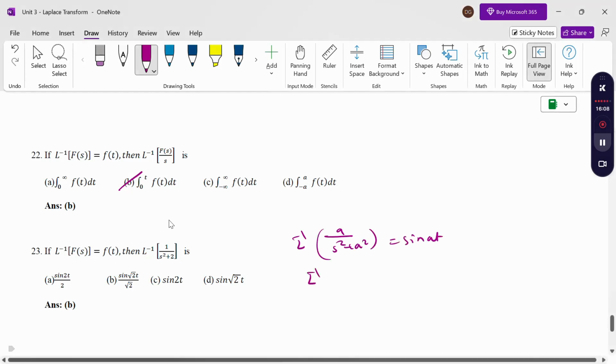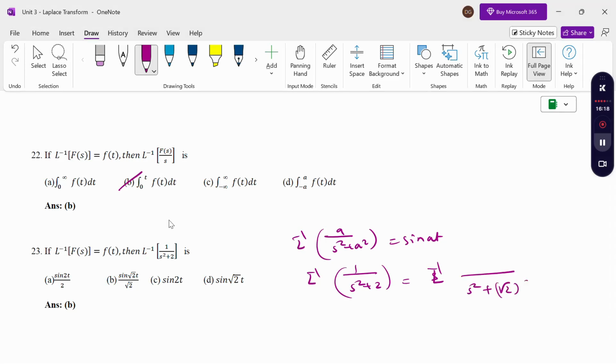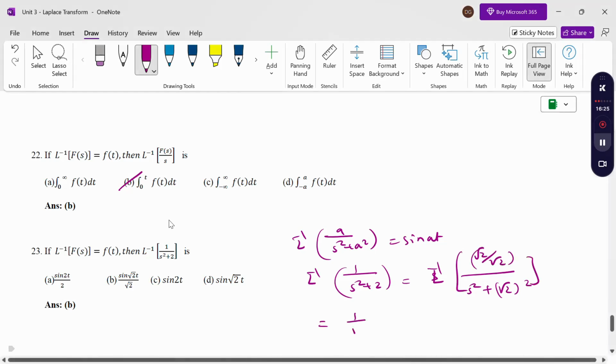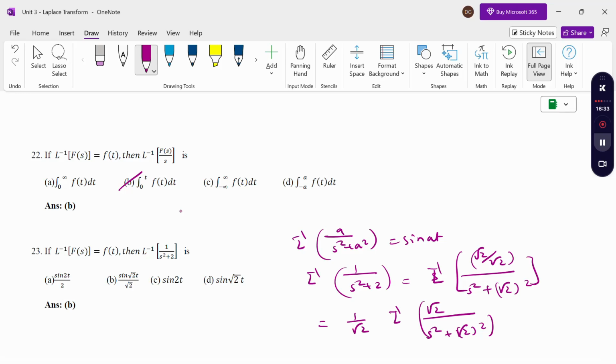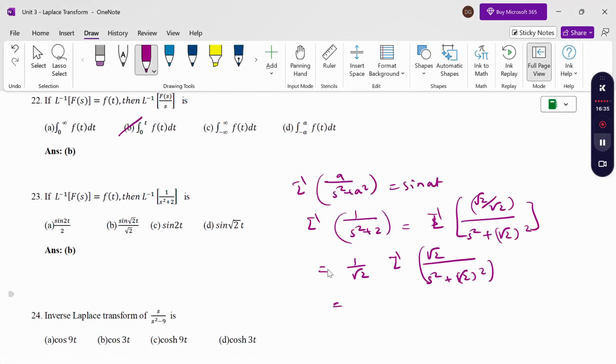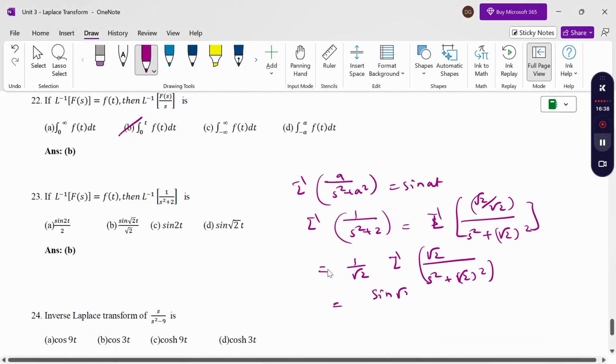But here, L inverse of 1 by s square plus 2: s square plus root 2 square, but root 2 is not there, so we write root 2 by root 2. Therefore 1 by root 2 L inverse of root 2 by s square plus root 2 square. Therefore this term is sin root 2 t by root 2, so option B.